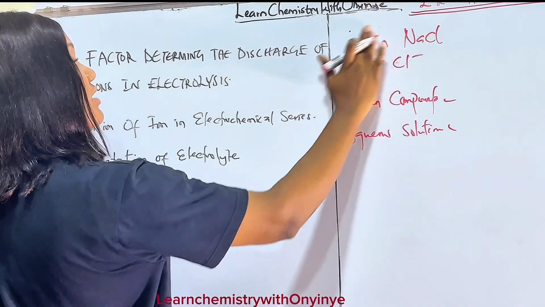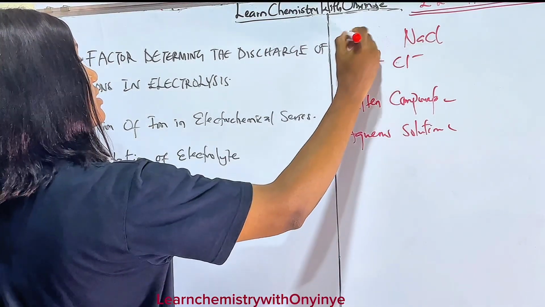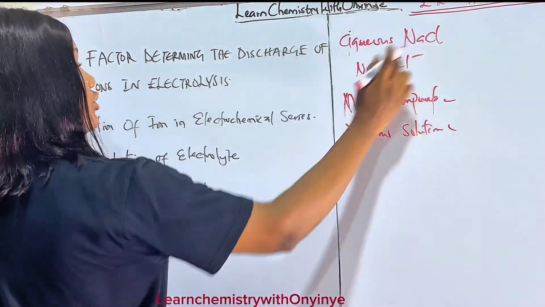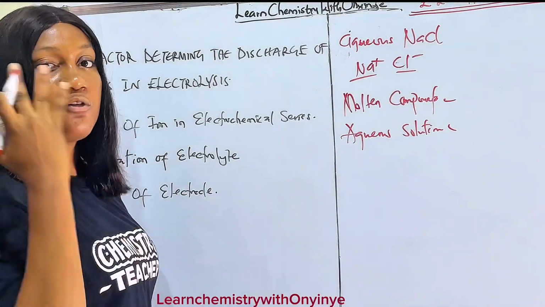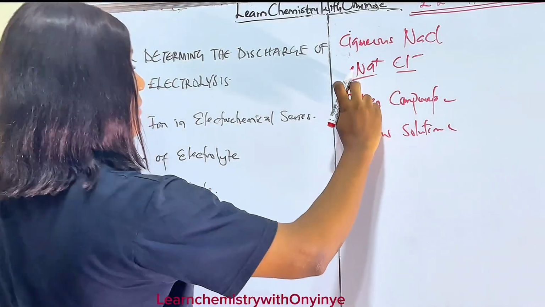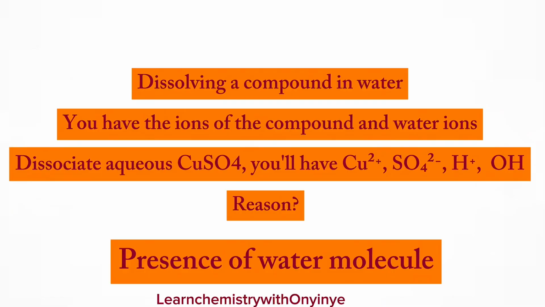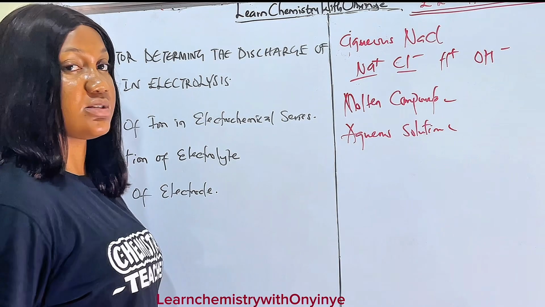However, if you have aqueous sodium chloride, you won't just have two ions, you're going to have four ions. So remember, you dissolve sodium chloride in water, right? So you're going to have sodium, chloride, hydrogen, hydroxide. Hydrogen and hydroxide from water.